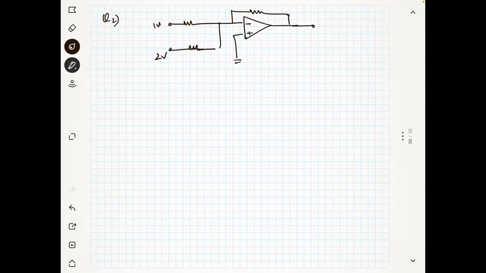Now let's say this is 10 kilo ohm and this is 5 kilo ohm and this is 5 kilo ohm. Then what will happen? We will see. My Rf is equal to 10 kilo ohms, R1 is equal to 5 kilo ohms and R2 is equal to 5 kilo ohms.